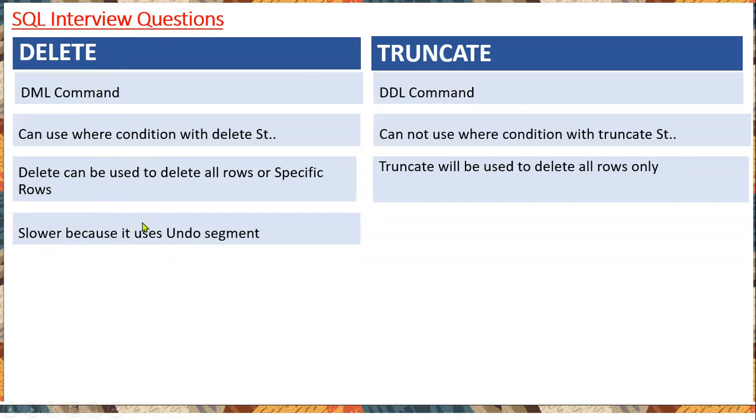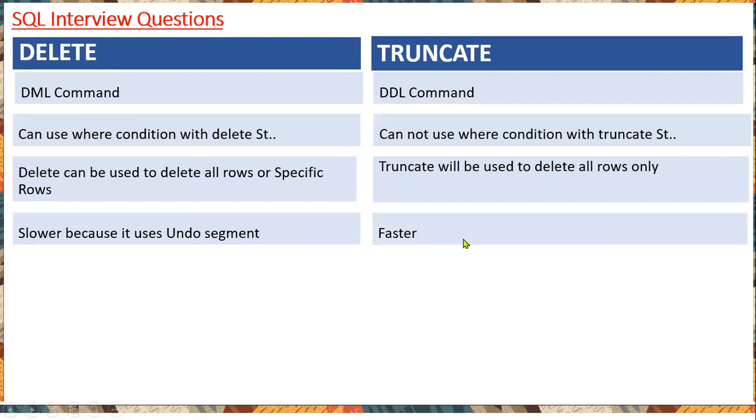So the moment we delete the records from the database table, the system is supposed to maintain that information in memory, in the shared area, so that when we go for rollback, the data will be restored in the database table. That operation the system needs to maintain in a particular session. That's the reason it will be slower, because it uses the undo segment.